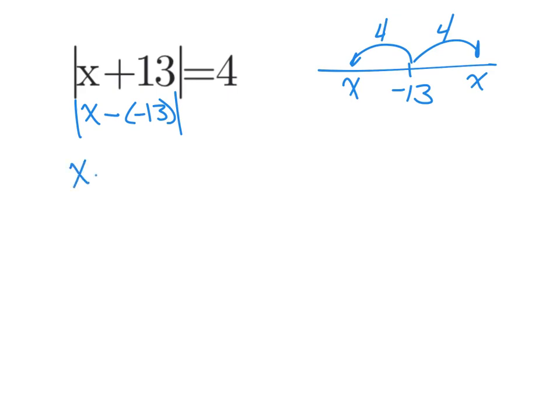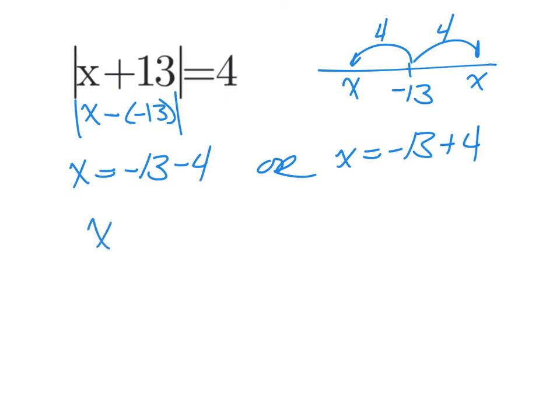So our two solutions are going to be that x is negative 13 minus 4 to go over to the left, or x is going to be negative 13 plus 4 to find that x is on the right. And then we just do a little bit of arithmetic, and we get two solutions of x equals negative 17 or x equals negative 9.